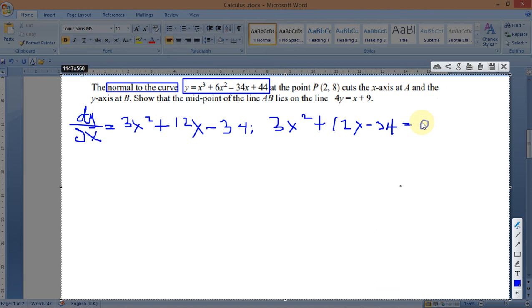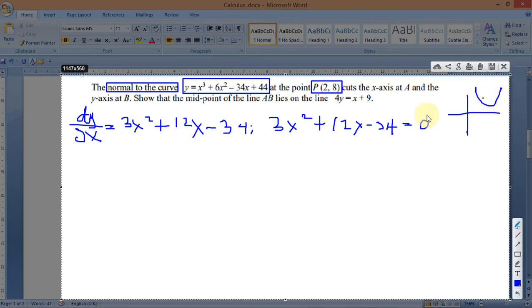Okay, so now guys, we are told that at that point, because this is the normal to the curve, let me show you again. The normal to this curve at this point. So after differentiation, we are given the point. Don't forget that you can find the gradient of a graph at a given point.